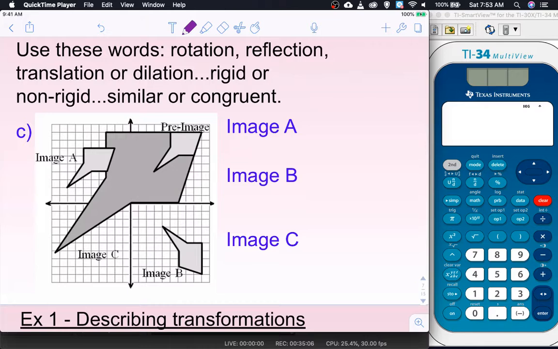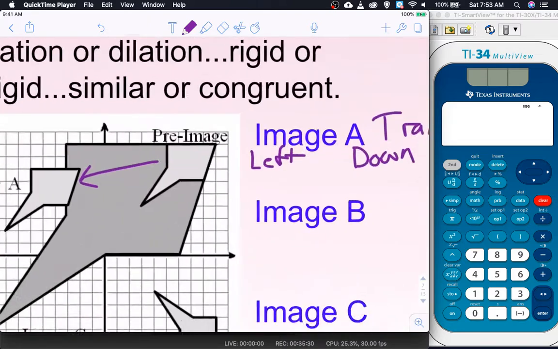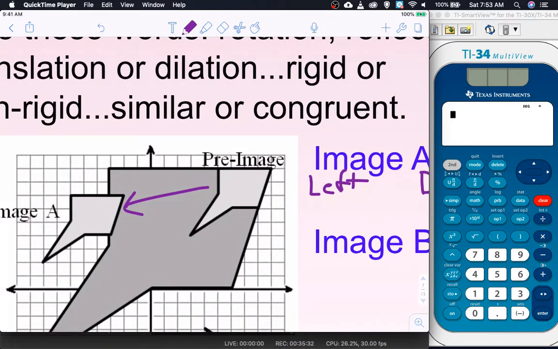All right, so let's do it. Image A, that is a translation. Translation how? I'm seeing it's a translation down. I'm going to say left, then down. Left and down. Okay, left how much and down how much? Let's count the boxes. I'm going from this point here to this point here. Left 1, 2, 3, 4, 5, 6, 7, 8, 9, 10, 11.